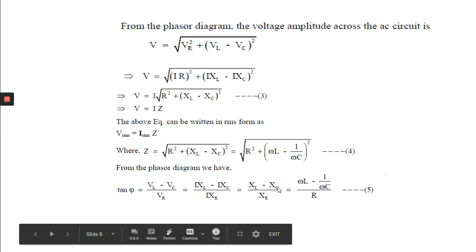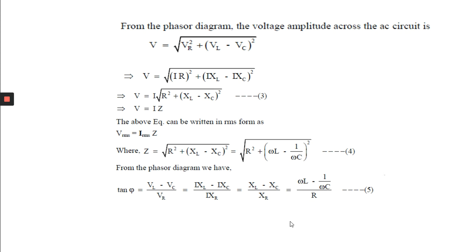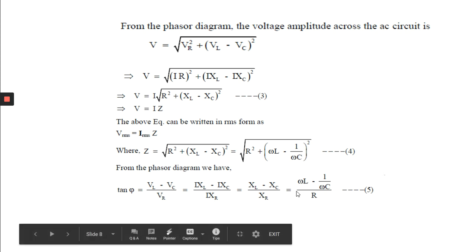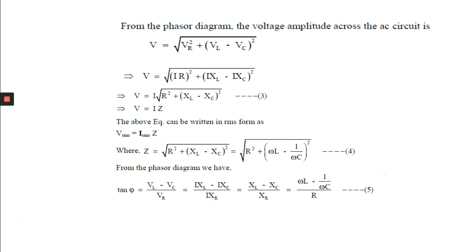So this is (omega L minus 1 by omega C) by R. This is the phase difference: tan inverse of this much is the phase difference between the current and voltage in an RLC circuit. So you find the phase difference depending upon the values of omega, L, C and R. And for a particular circuit, when L, C and R are constant, the phase difference depends only upon omega.